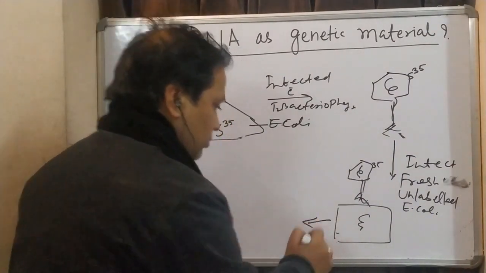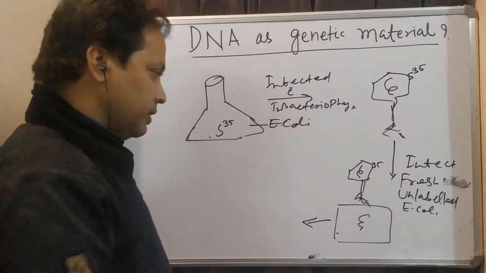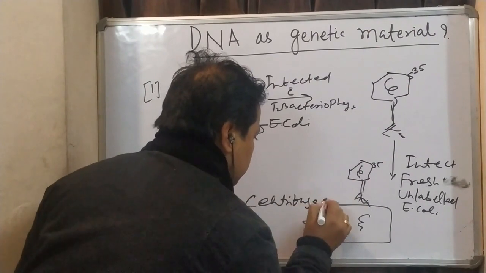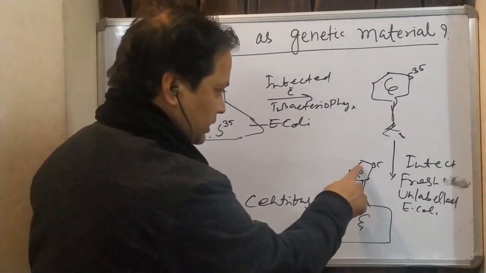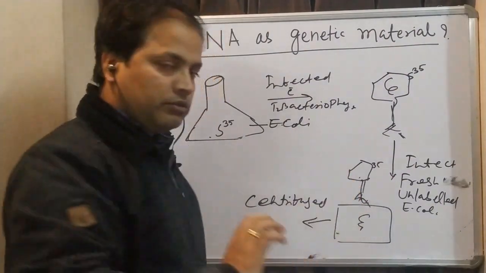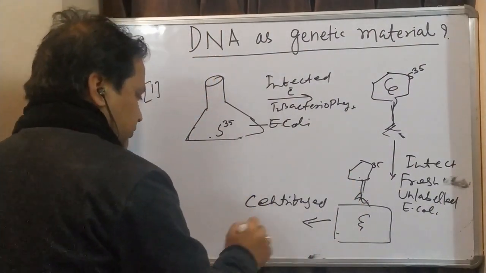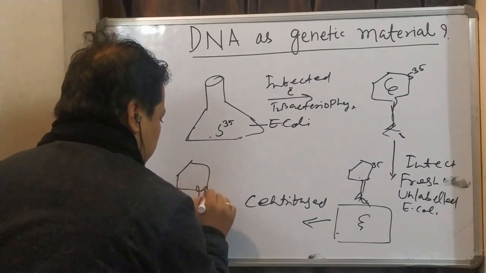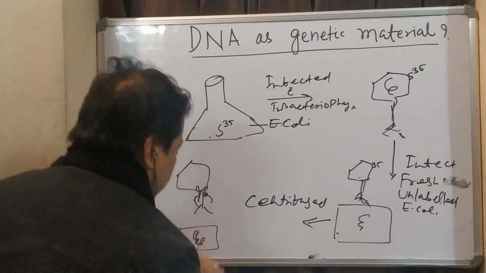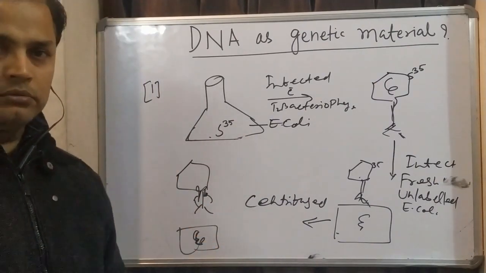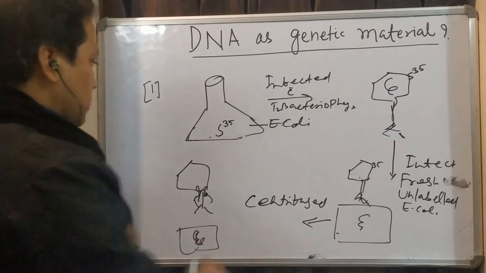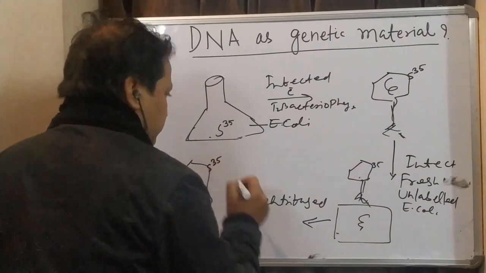From this E. coli, they have centrifuged. So once DNA has reached here, the bacteriophage does not have anything. By centrifugation, they have separated the bacteriophage capsid and the bacteria which is having DNA. So here they have S35.